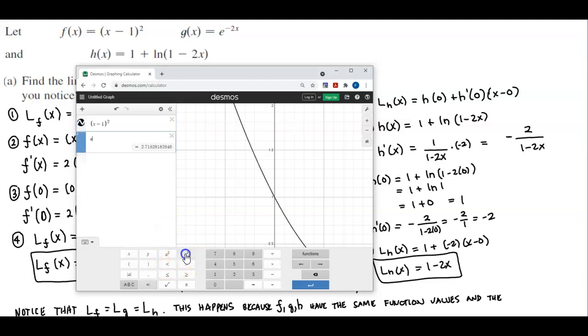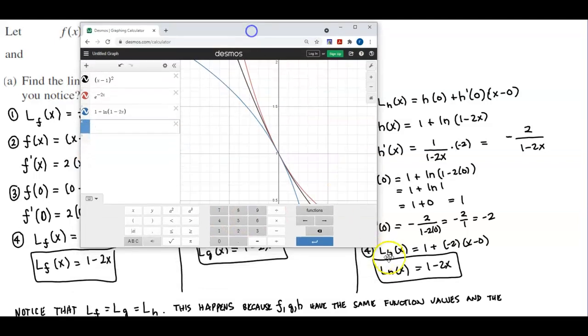And we have e to the negative 2x. And then we have 1 plus the natural log of (1 minus 2x). And then the linearization function is the same for all of them, so it's going to be 1 minus 2x.